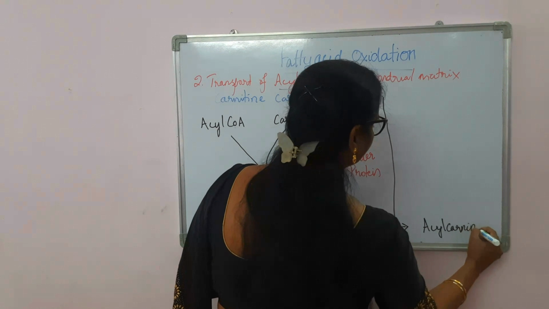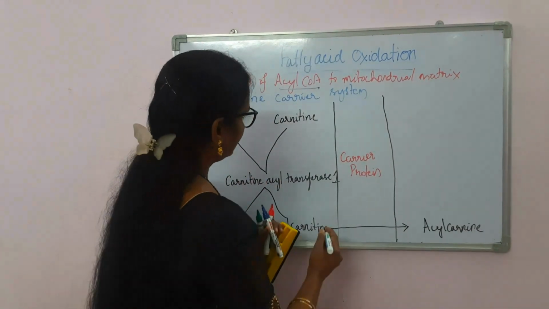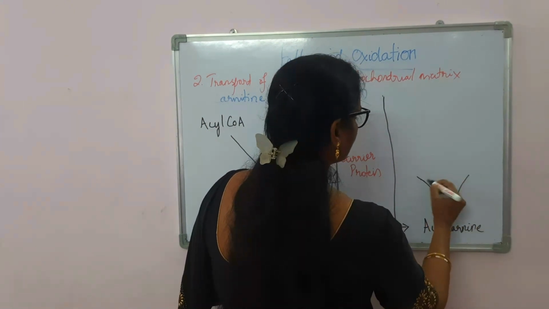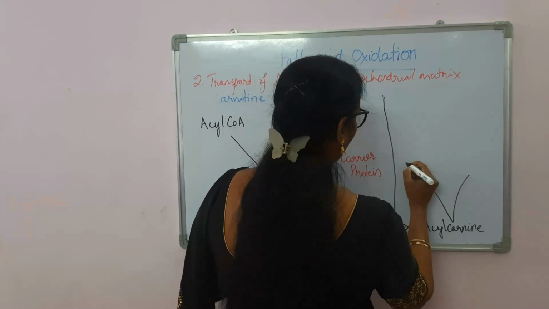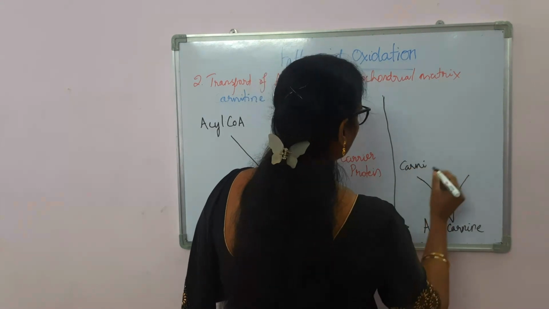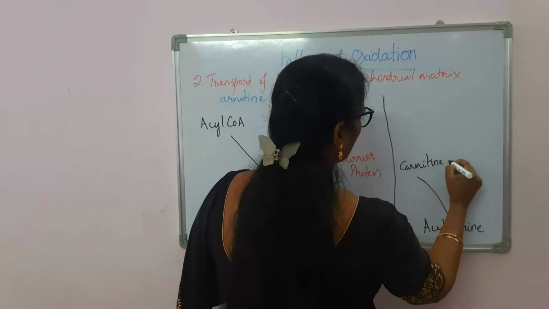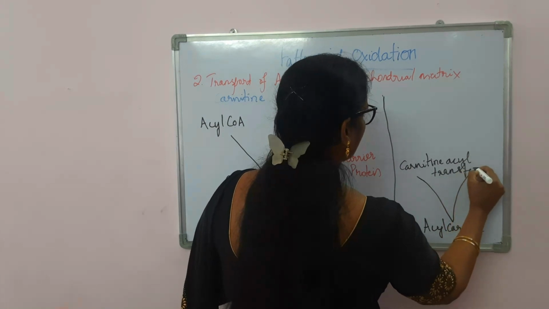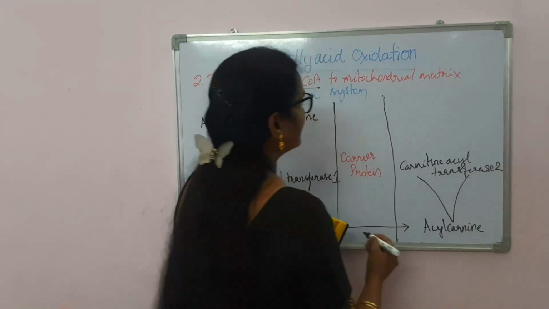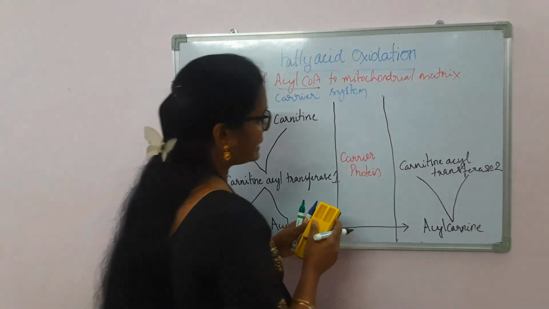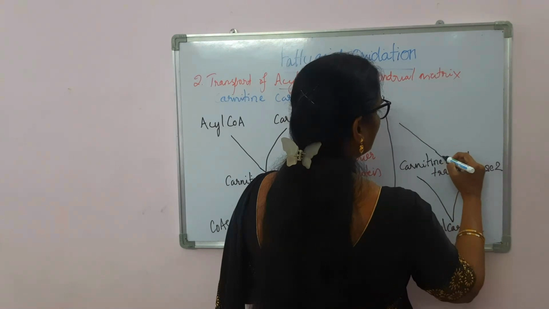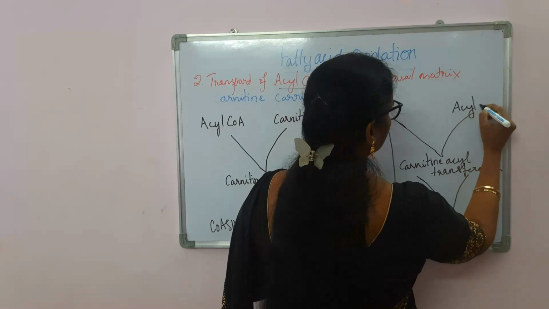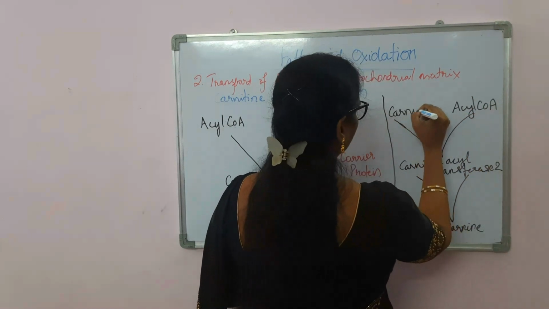Acyl carnitine. So this acyl carnitine, again with the help of an enzyme, that is carnitine acyl transferase 2, which is present in the mitochondrial matrix, will separate this acyl carnitine into acyl CoA and carnitine.